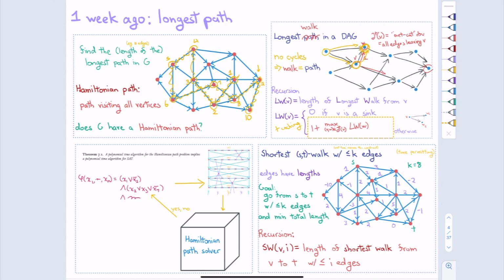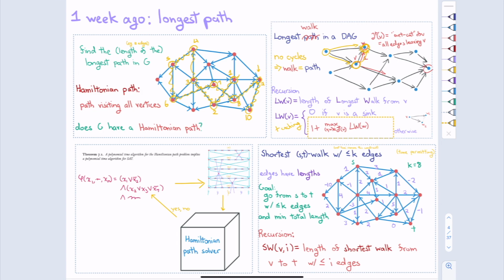So again, we have no cycles, and in particular the longest path problem is the same as the longest walk problem, because if there's no cycles, there's no way to repeat vertices anyway. And walks are much nicer because I don't have to keep track of which vertices I've visited and haven't. So by now, we're getting a little more used to this idea that if it's in a DAG, there's a good chance that recursion might work really well because there's not as much cyclic dependencies.